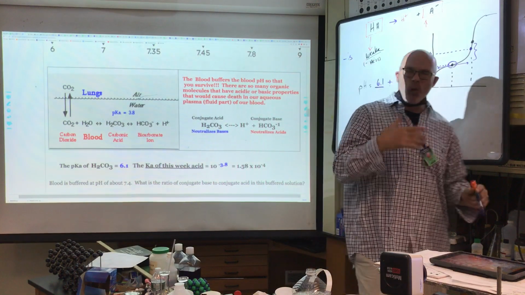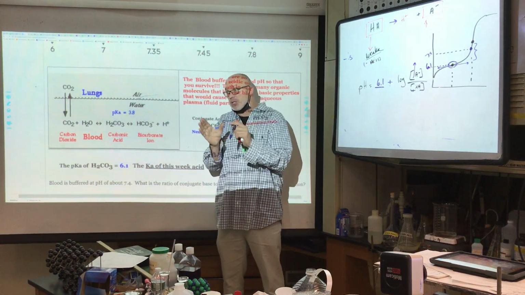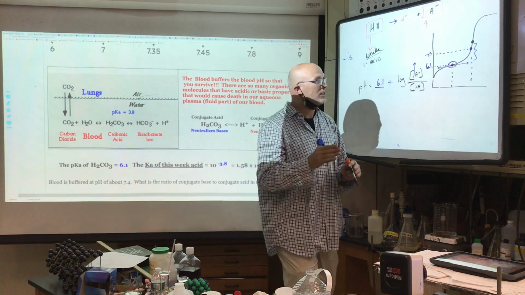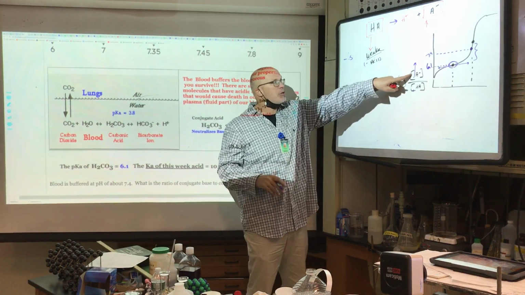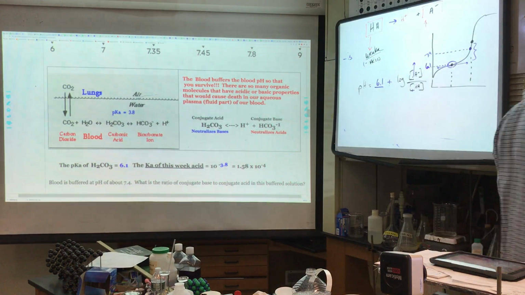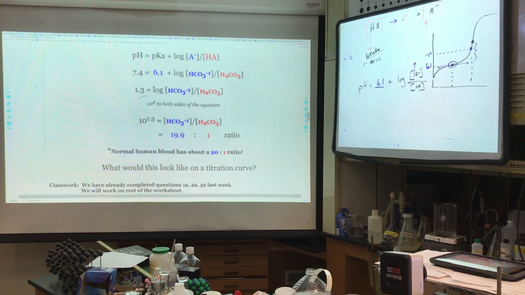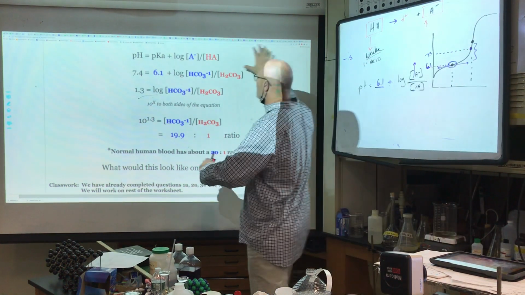So we know in physiology, when they look at the blood, they always see that the blood, generally speaking, in a healthy individual, has 20 times the conjugate base than of the conjugate acid. Well, they come up with that, but we can solve for that, party people. Hey, Henderson-Hasselbalch, you have this.